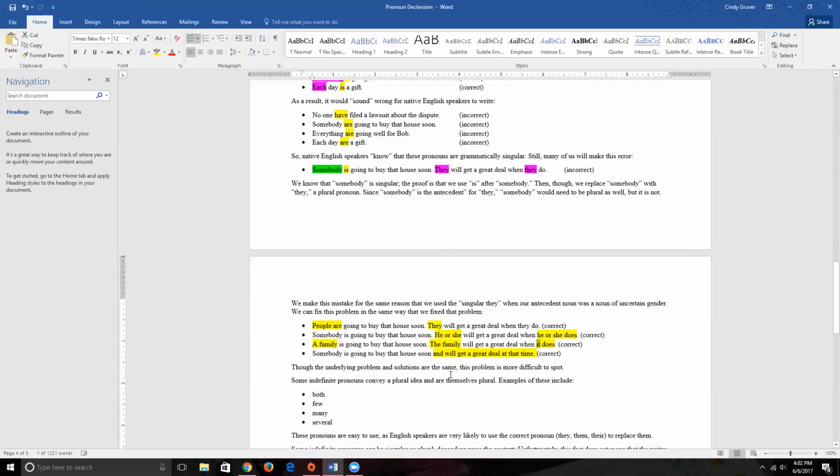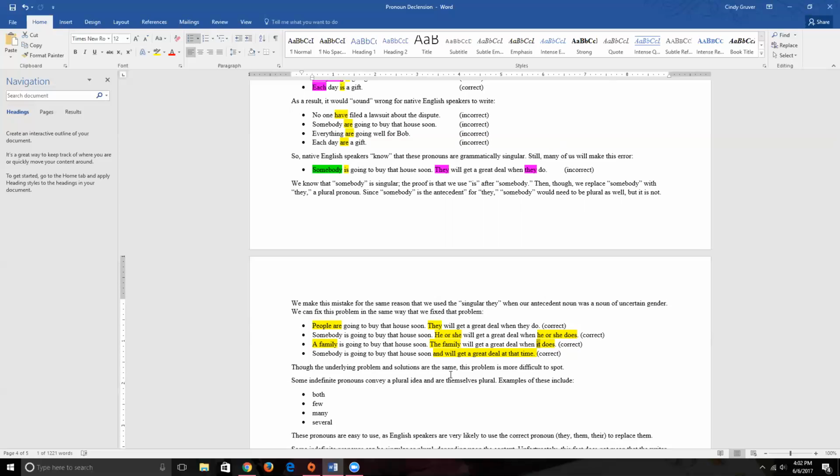Obviously, the word family is singular, and it's a collective noun, which we'll be talking about in a subsequent lecture. And so we're going to have to use it. But you know what? That sounds very awkward to our ears, or at least to my ears, to refer to a family as it, because a family is made up of people. And it's kind of almost the definition of humanity to talk about a family.